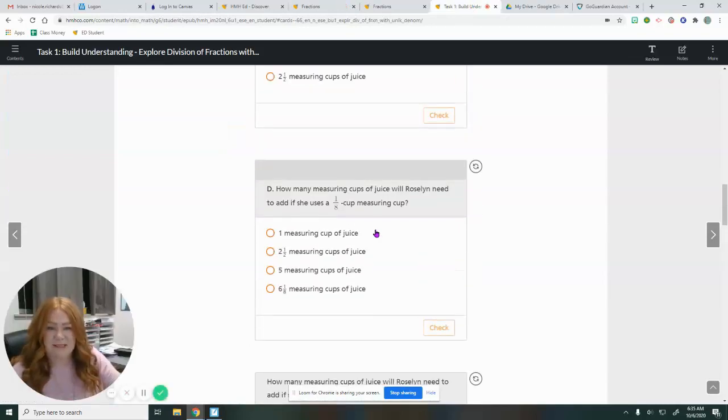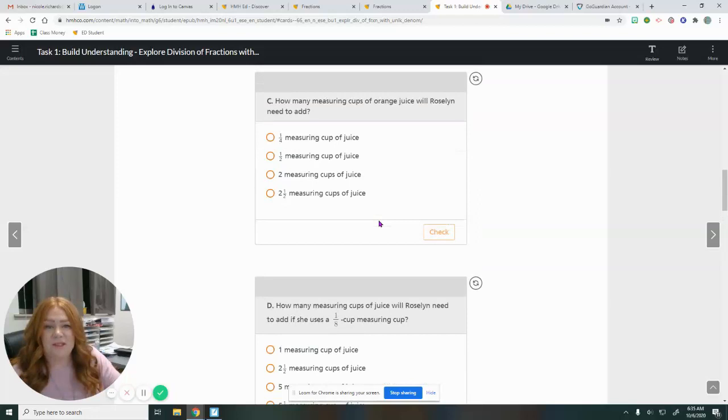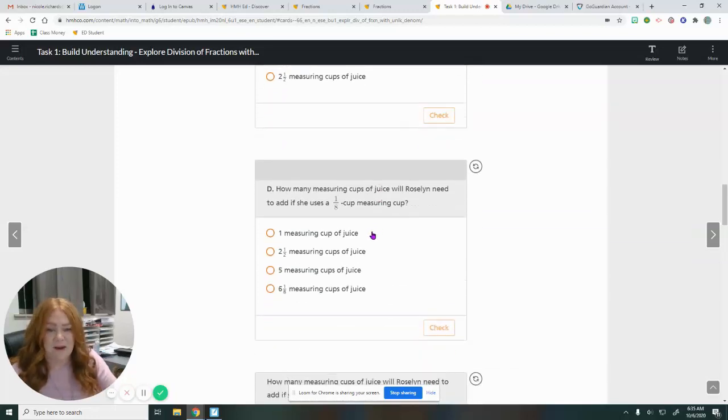Okay, then D: if she only used a 1/8 measuring cup, so every time she did 1/8, and she still needs 5/8 of those, how many times will she have to scoop 1/8 out to get to 5/8? If you need to, use that fraction or draw yourself a picture.